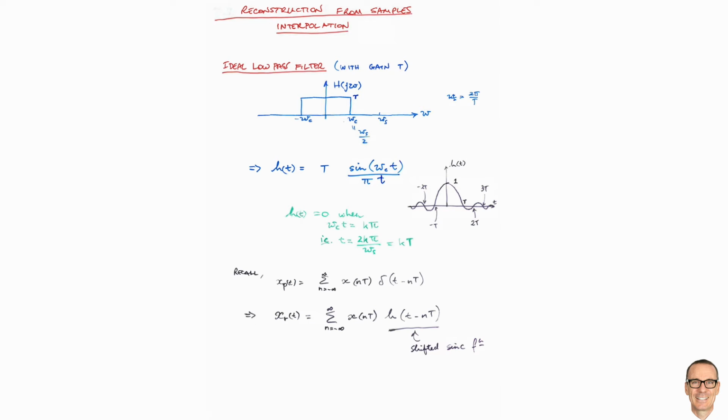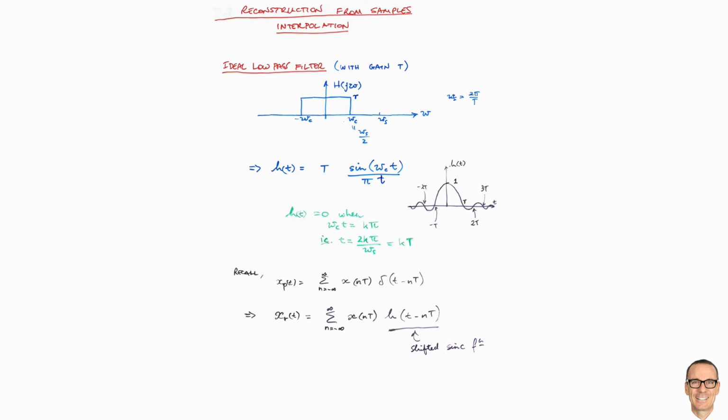And this shows the reconstruction of the original signal from the samples. So here's an ideal low-pass filter, and we've drawn the picture of it in the frequency domain here, in the omega domain. It's ideal low-pass because it has a flat response, so all the frequencies pass through the filter as long as they are less than the cutoff frequency, omega c, and all the frequencies bigger than that are blocked by the filter.